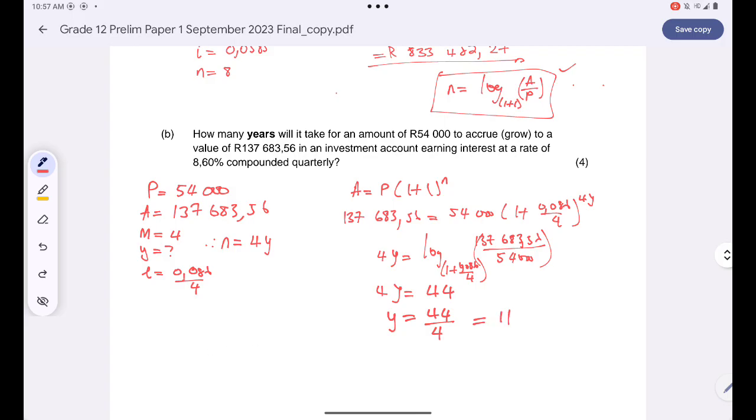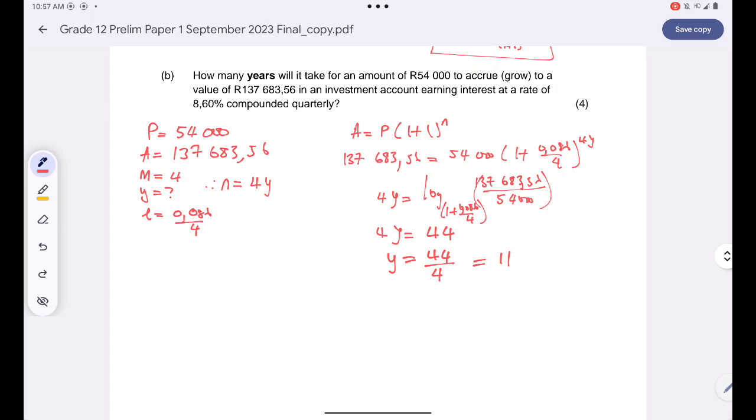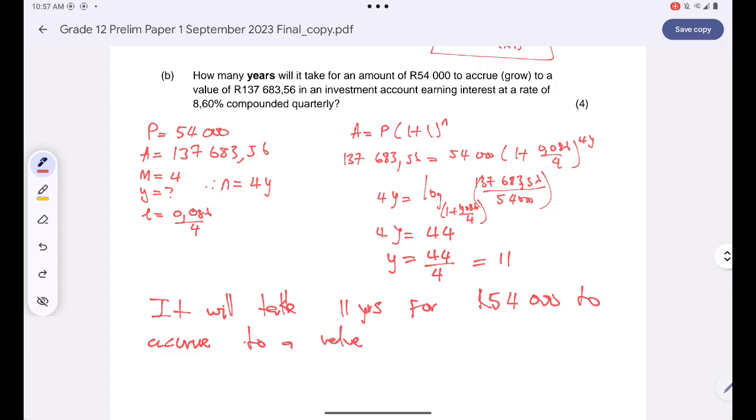So it will take 11 years for 54,000 rands to accrue to a value of 137,683 rands 56 cents.